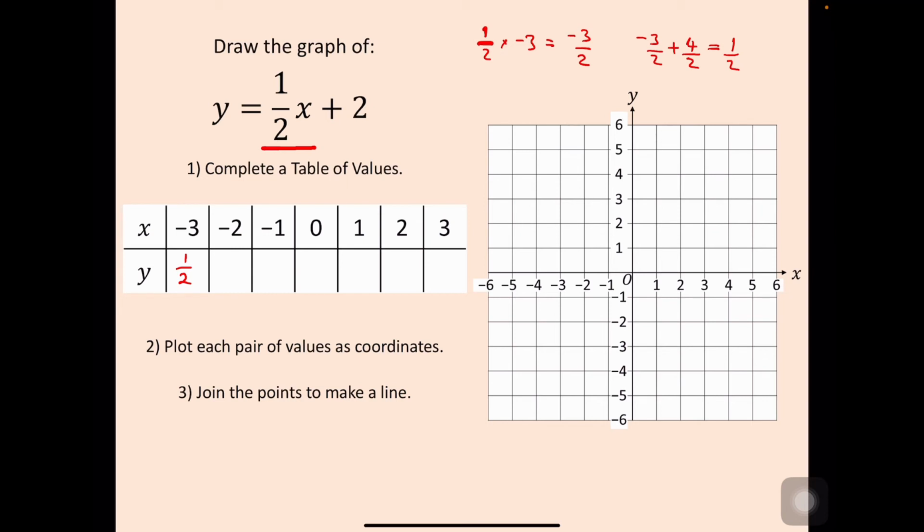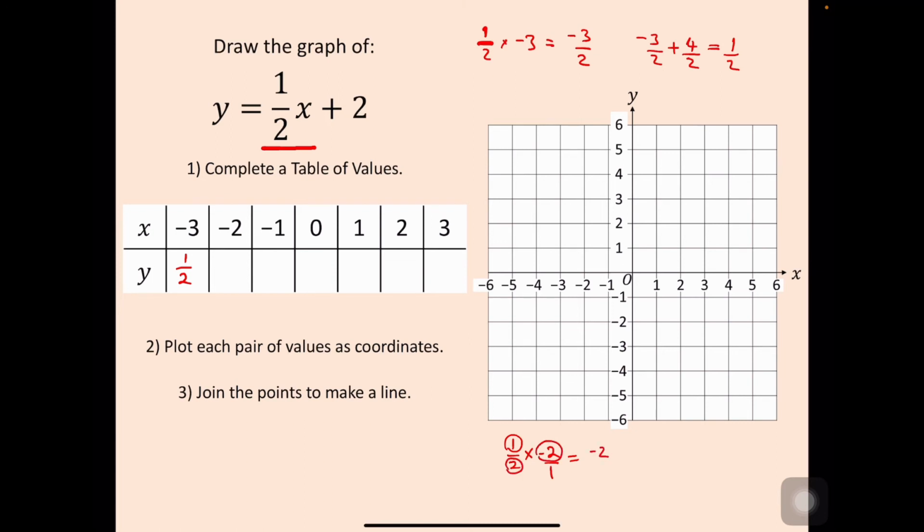Then we have 1/2 multiplied by -2. Now, if you can't remember how to multiply a fraction with a whole number, -2 is the same as -2/1. And now we multiply this 1 here by this -2. So we get -2.